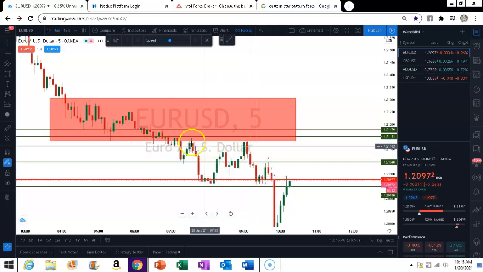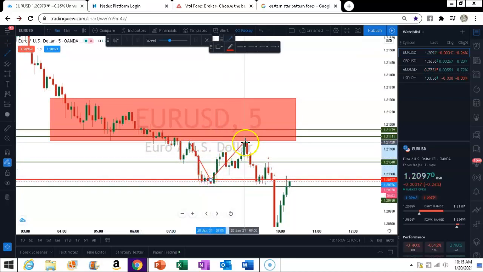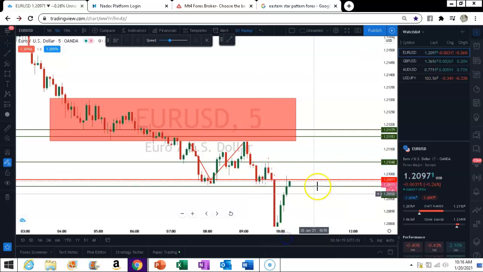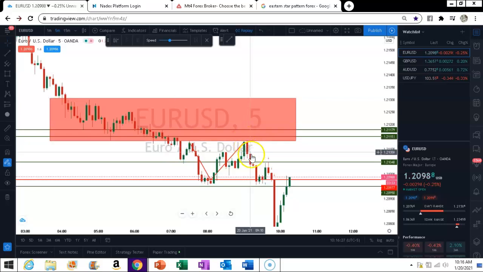Okay, so we're doing this movement right here. This is the type of movement we're doing. So now what I'm waiting on, I would assume that price is going to go down.